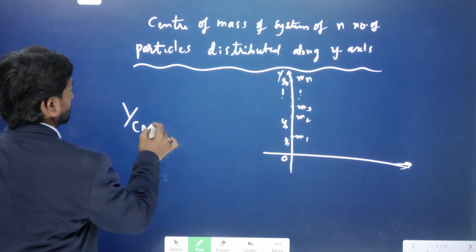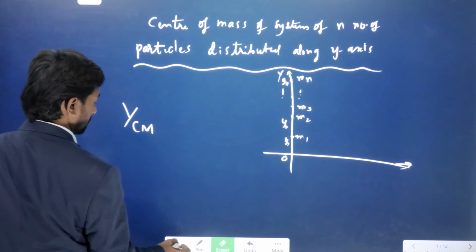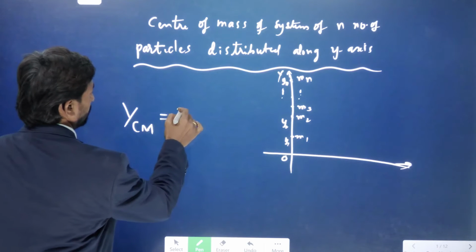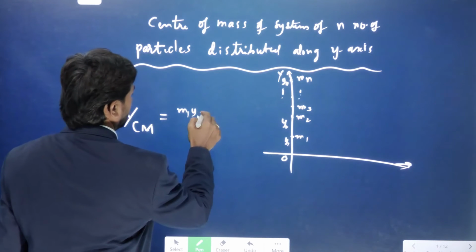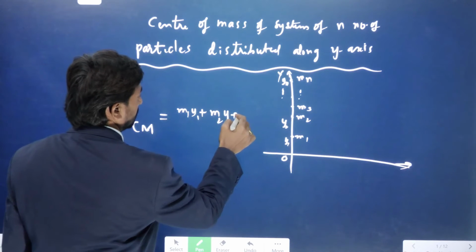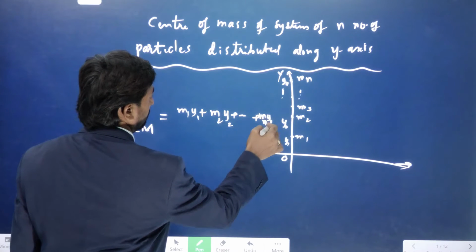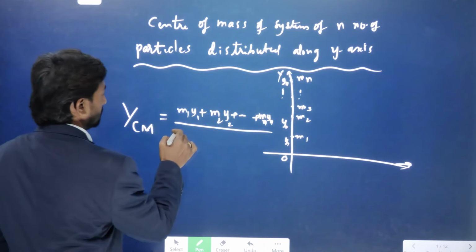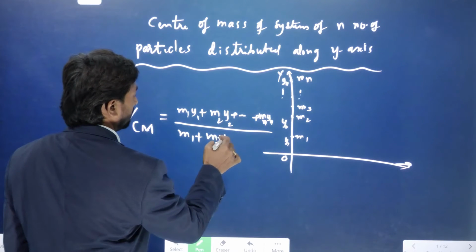YCM is equal to the mass of the first particle and its displacement from the origin, m1 y1, plus m2 y2 for the second particle, plus so on up to mn yn, divided by the sum of the masses of all the particles distributed along the y-axis.